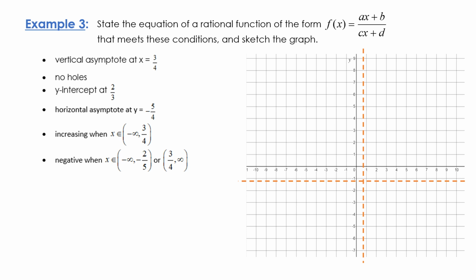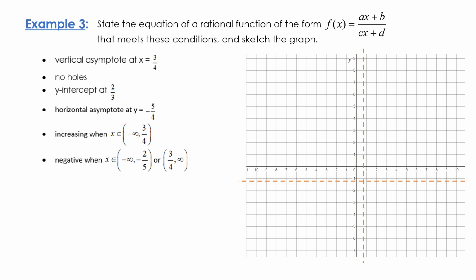So for the equation, what should we do first here? Let's talk about the function, the setup itself. Because the degree of the numerator and the degree of the denominator in the form we were given are equal to each other, it means we're going to have a horizontal asymptote at a over c. Follow me on that?